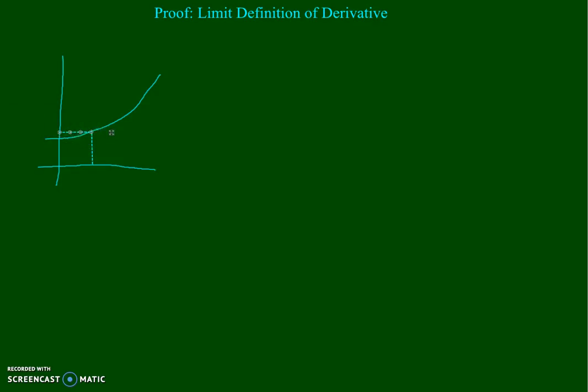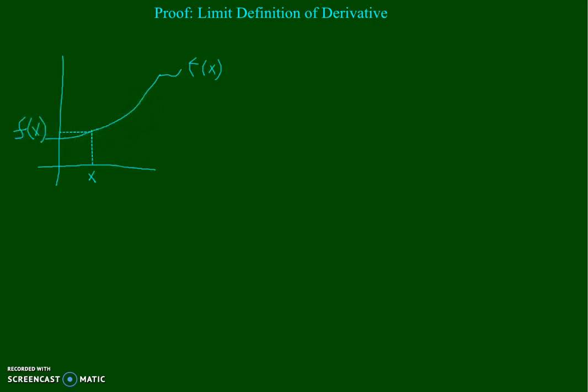Let's just say that this is some point x on the x-axis, and then if this function is f of x, then this value is f of x.